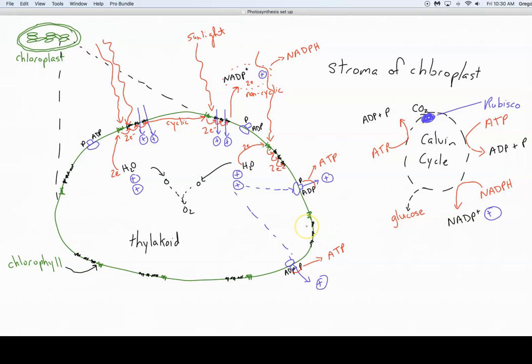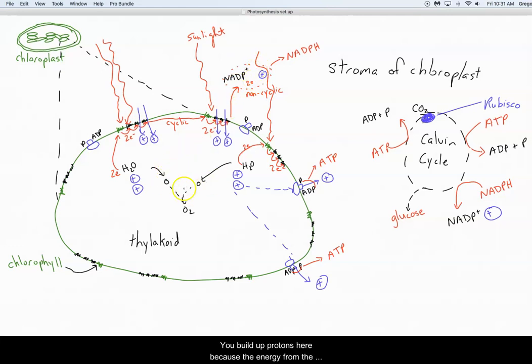So the light-dependent reactions use solar energy, photons of light, to energize electrons. The electrons are sent through an enzyme system, some of them out into the stroma. So you build up electrons out here.